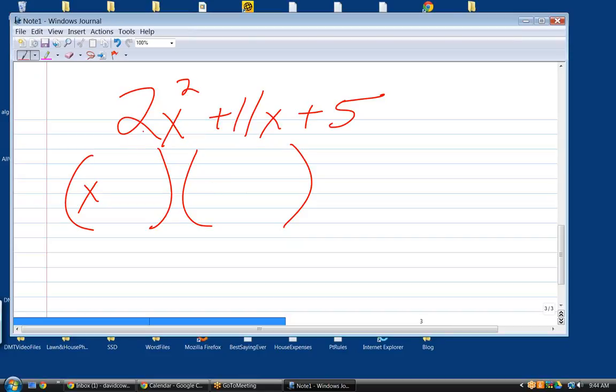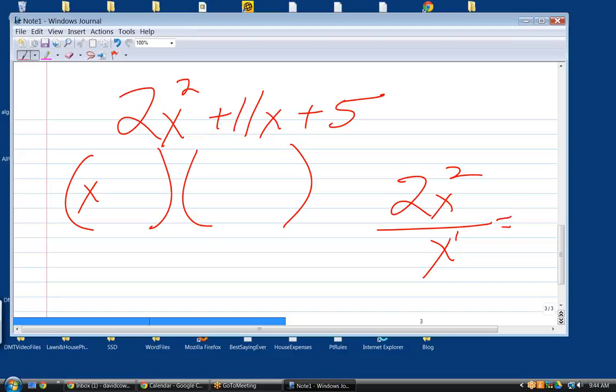The easy way to do this is to take this and divide it by x. What do you get? In other words, take that and divide it by the thing you've already taken out, x. What do you get? When you divide 2x squared by x, there's a 1 right there, and you subtract the exponents.